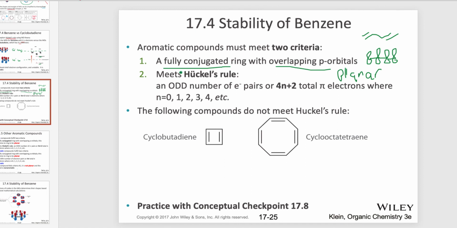All right. Now, it also needs to meet Huckel rule, an odd number of electron pairs, which would mean 6 electrons. It could also mean 2 electrons. And the formula that becomes helpful is the 4n plus 2 total pi electron system. If n equals 0, we get 2 electrons.